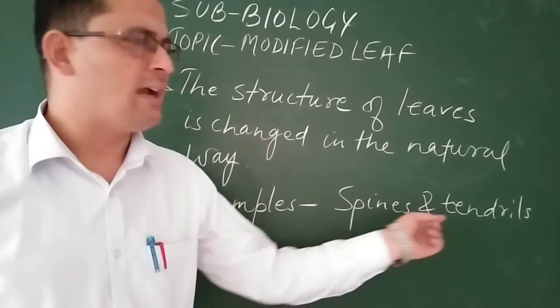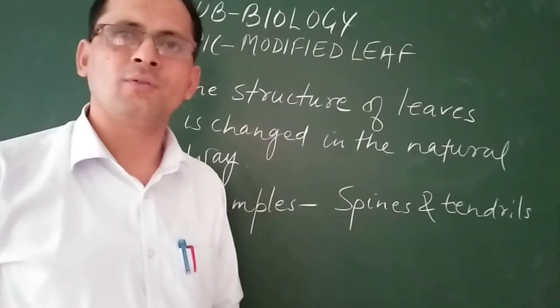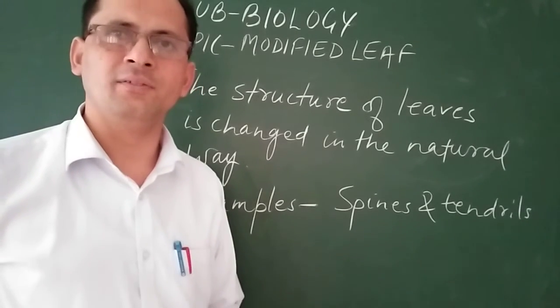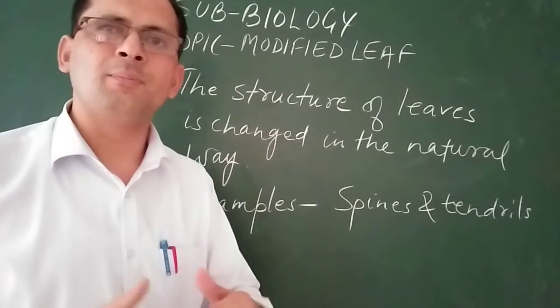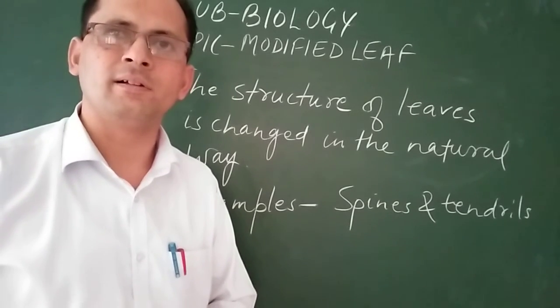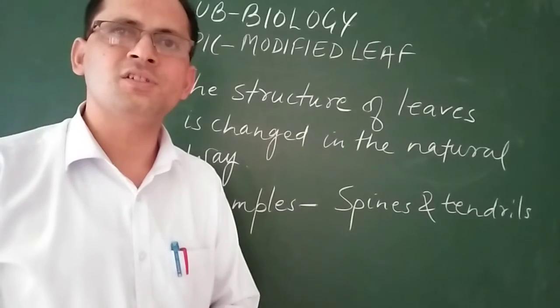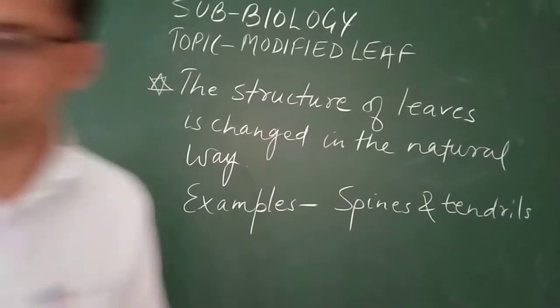These spines and these tendrils are the best examples of modified leaf. Now beta, these modified leaves perform some special functions in the body of plant. And what are these special functions? That we are going to discuss one by one.